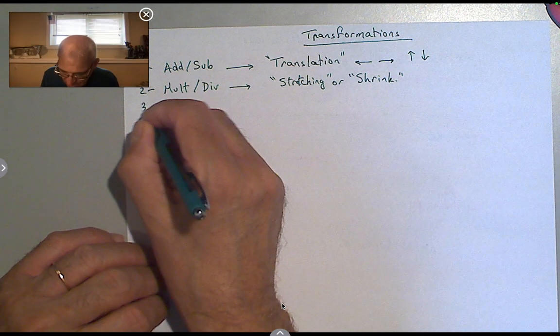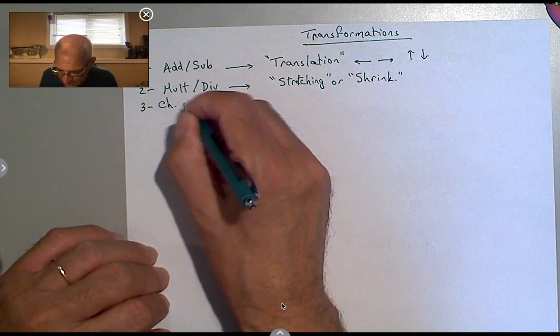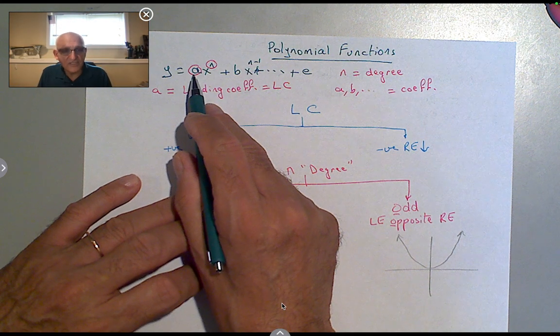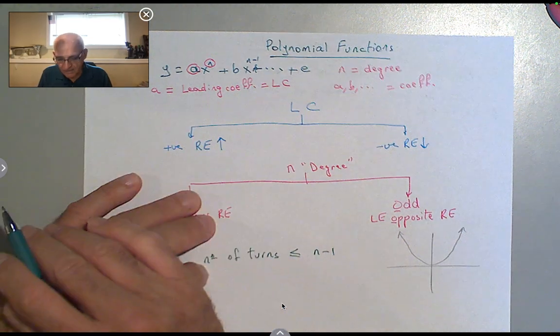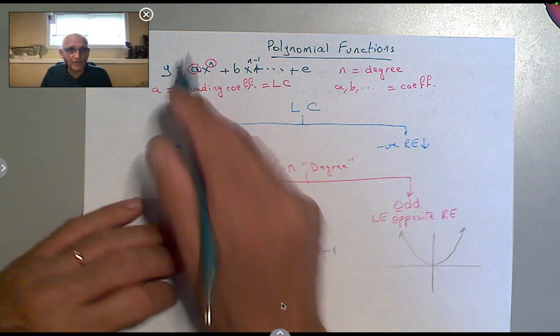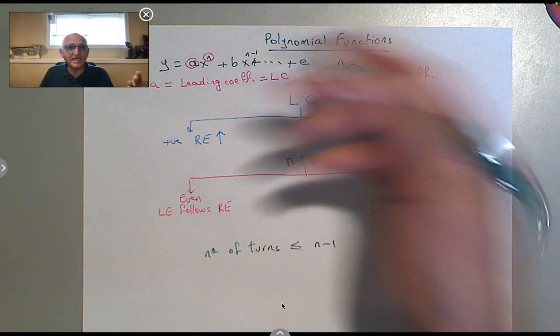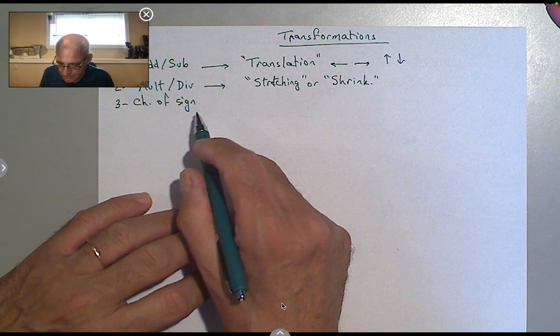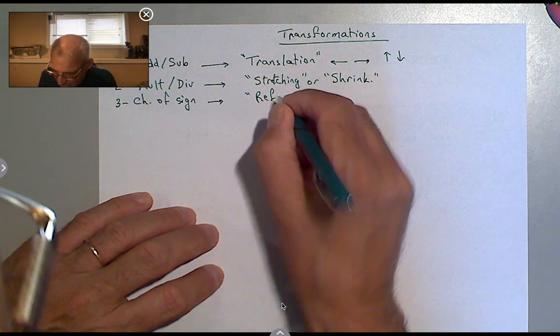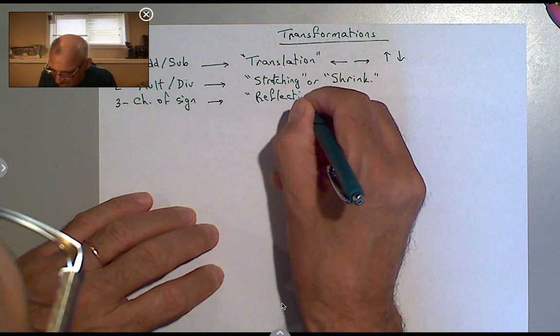The third one is the change of sign. Change of sign meaning instead of a being positive, it becomes negative. Negative 2x to the n, or negative 5y. Okay? Or y divided by negative 2. Any change of sign results in what we call reflection.